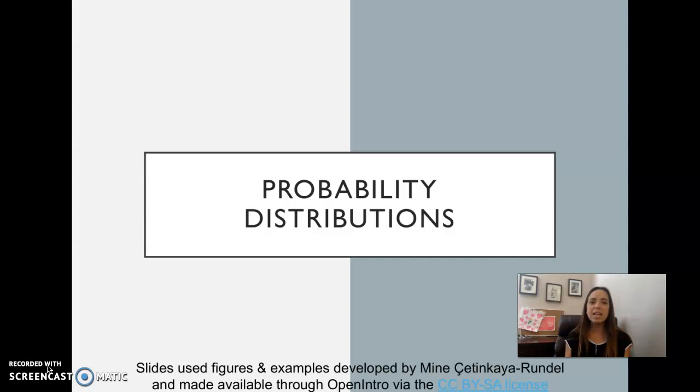Now, I want to get into that concept of probability distributions in general. Most of the times when you do data analysis, you do not run random experiments because we can count on probability distributions. And a very famous one is the normal distribution, which is going to be the focus of this class.